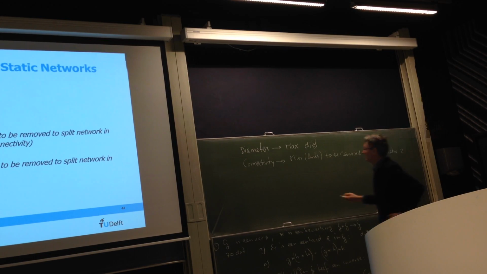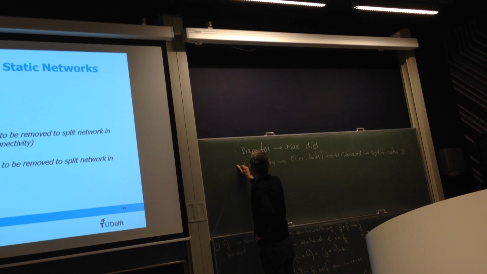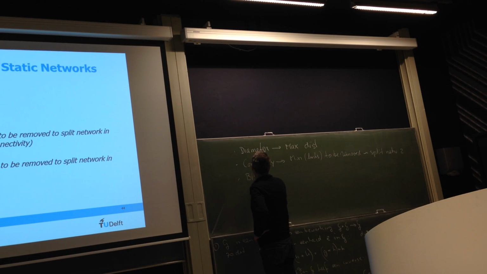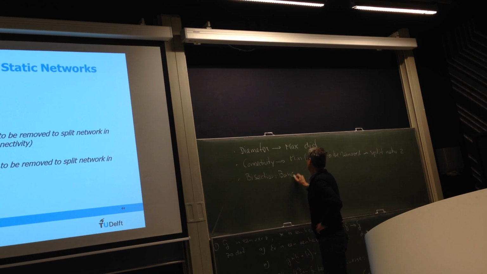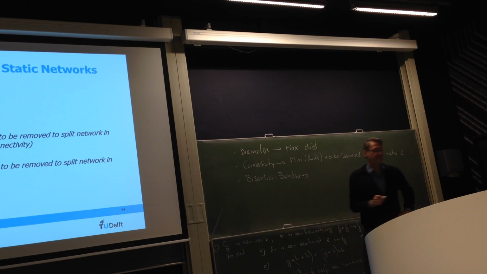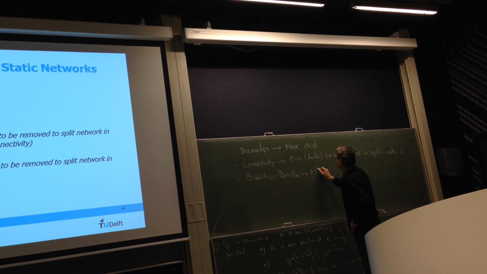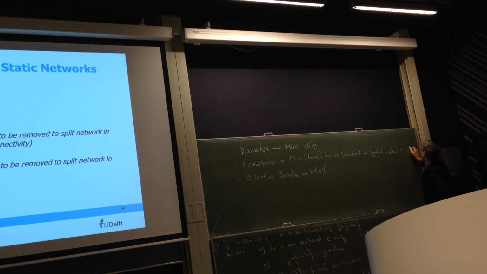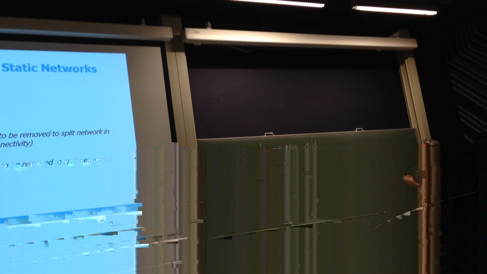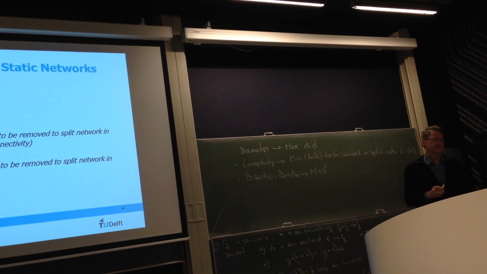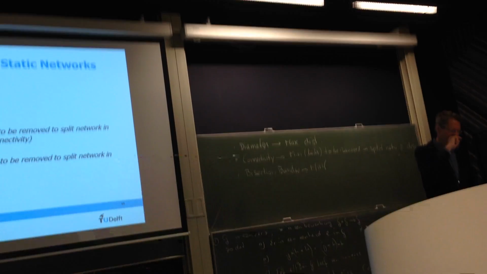The bisection bandwidth. So that is the minimum number of links to split the network into disjoint parts, so the arc connectivity.